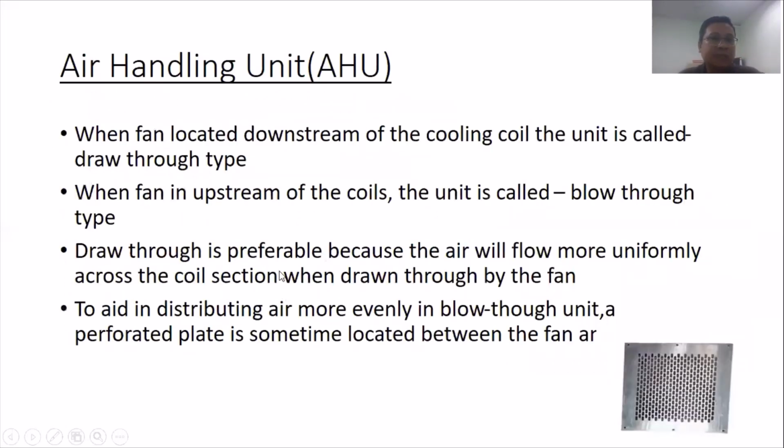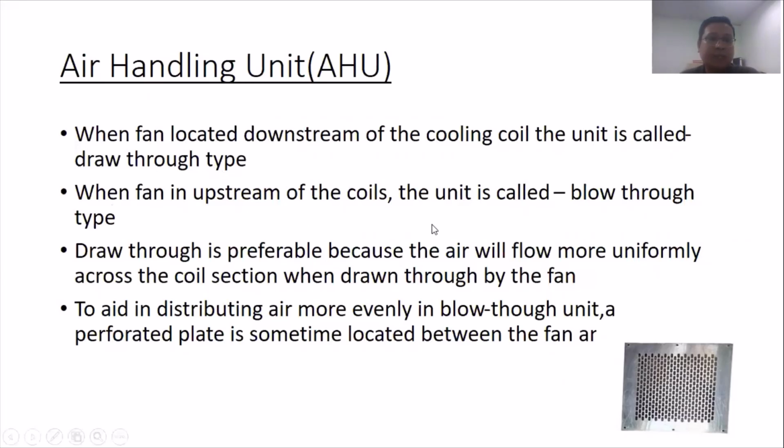So for an air handling unit, when the fan is located downstream of the cooling coil, the unit is called draw-through type. Okay? When the fan is upstream of the coil, the unit is called blow-through type.